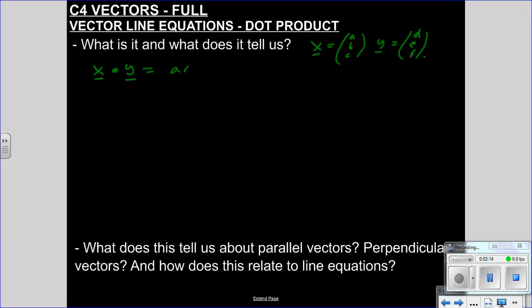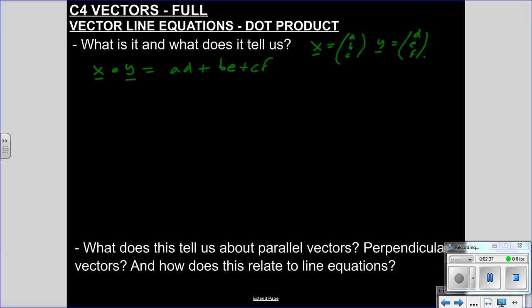So a times d plus b times e plus c times f. Do you see? So top times top, middle times middle, plus bottom times bottom, and it's always plus. Unless b was -1, then it's going to be minus e. Do you see?